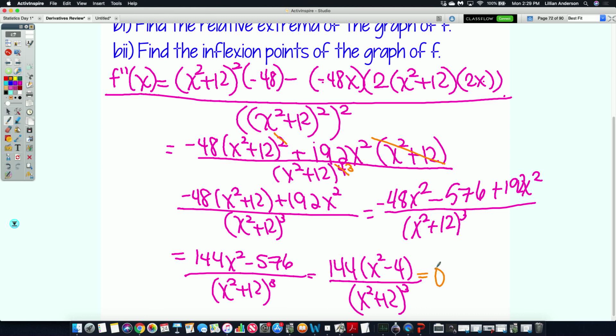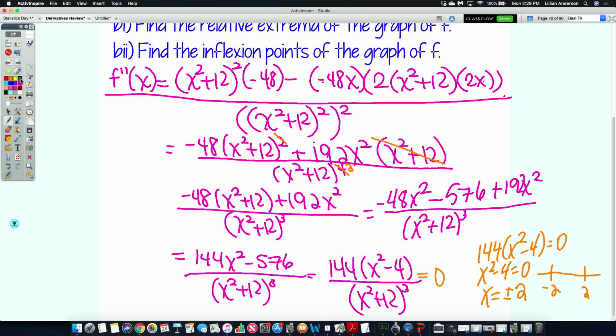When I do that, that leaves me with 144x squared minus 576 equal to 0. That becomes x squared minus 4 equal to 0. So x is equal to plus or minus 2. I have to see if there's a change of signs at those values. So again, I use test points.